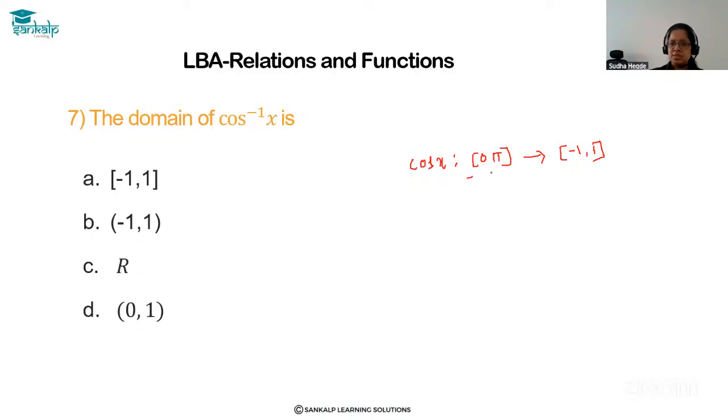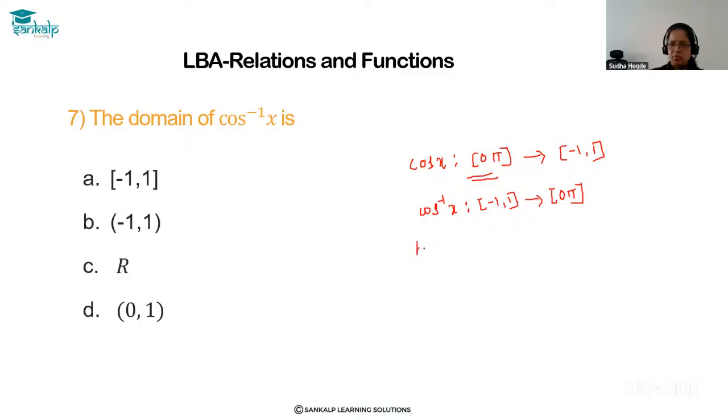So, since it is bijective, it is invertible. Now you define cos inverse x. Cos inverse x is from -1 to 1 to 0 to pi, correct?